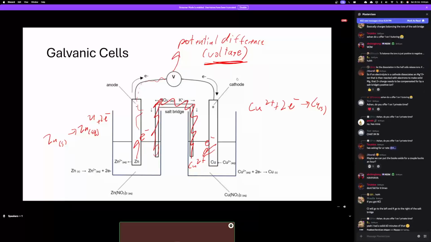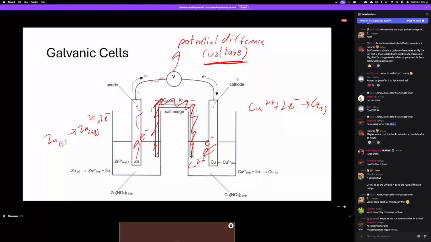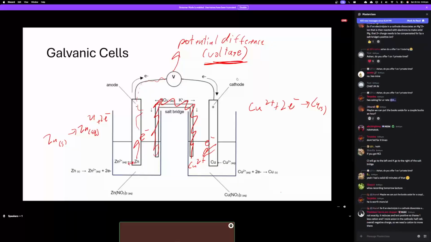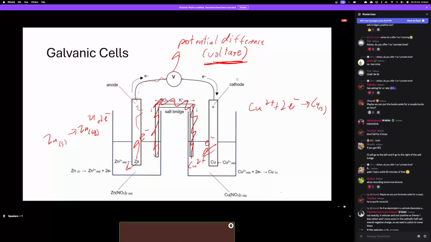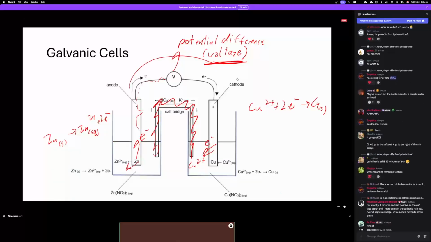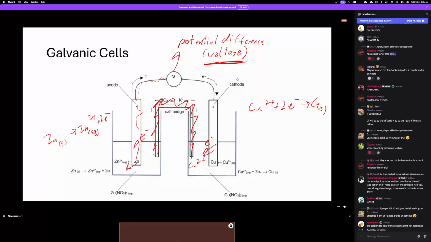Is that much clear with everyone? Zinc is more reactive than copper, so the zinc will turn into zinc ions and go into the solution. This is a liquid solution, and the electrons will go over to the copper half and be used there. But the electrons will pass through a wire first, and that's how we'll measure it. Is that clear with everyone?